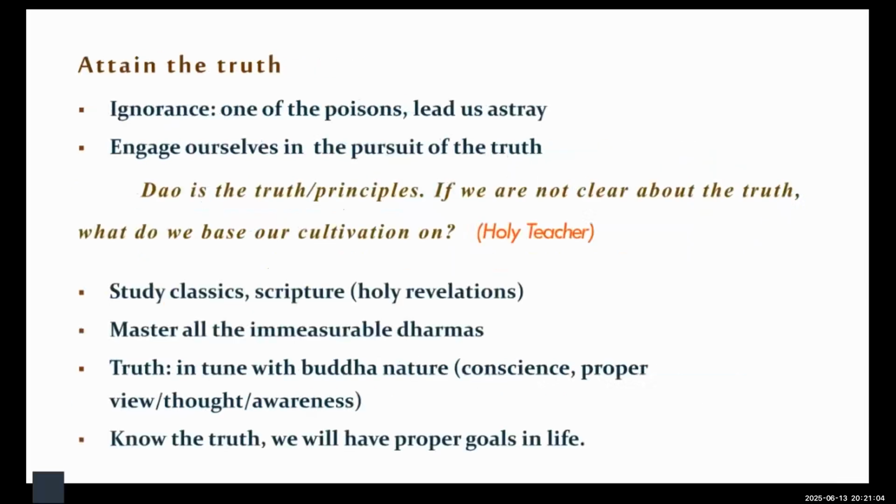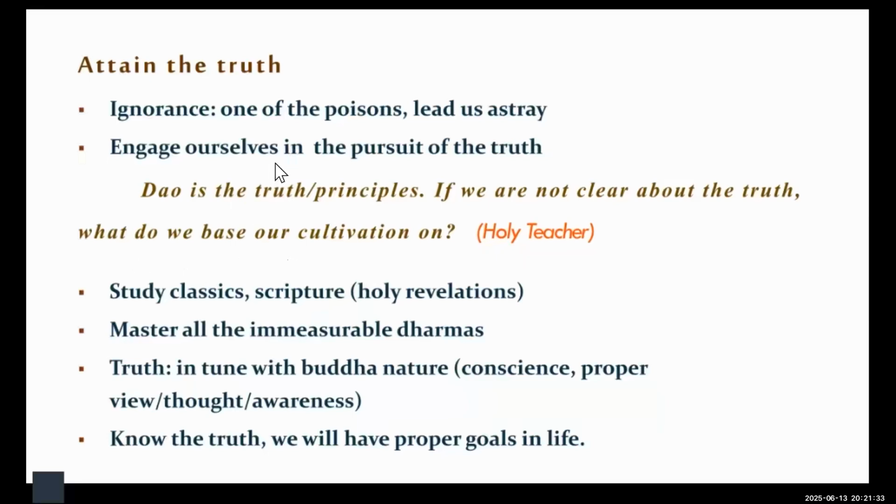Okay, now the second step is attain the truth. Because if we don't understand what the truth really is, then we don't know how to live this life, and how to cultivate, to bring out our true nature.